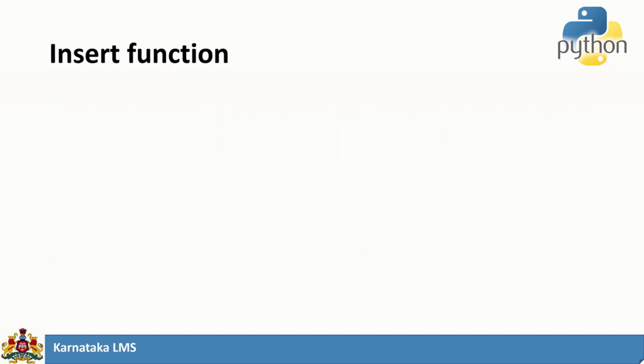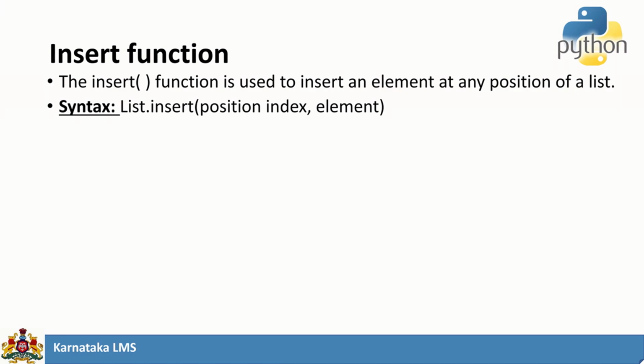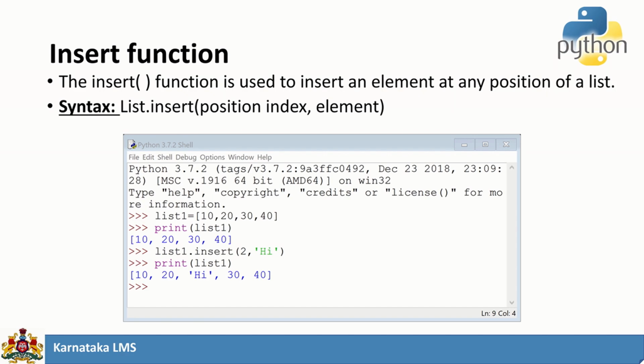Insert function. In some cases, we want to insert an element at any position of the list. So we can use this insert function. Syntax is list.insert of position, element. In this example, list 1 is equal to 10, 20, 30, 40.